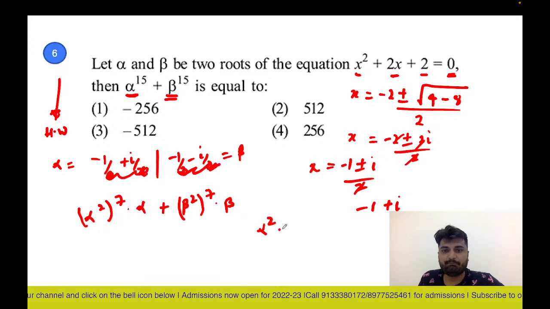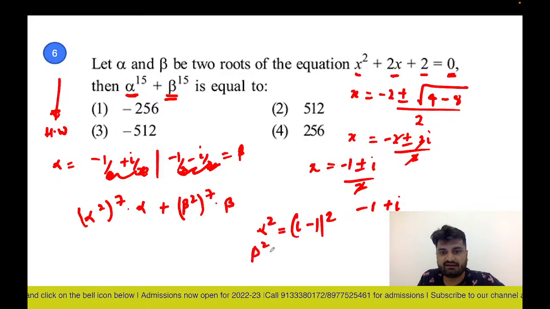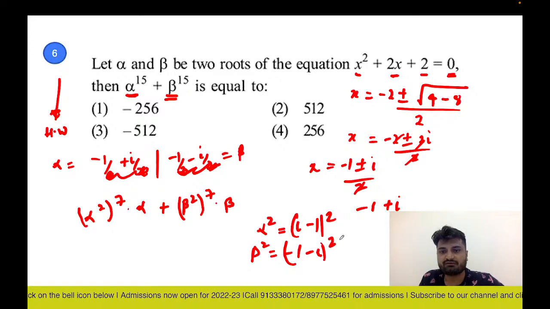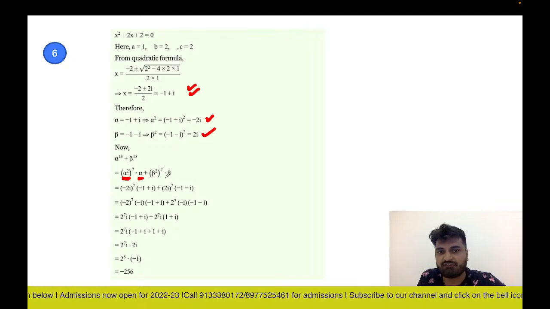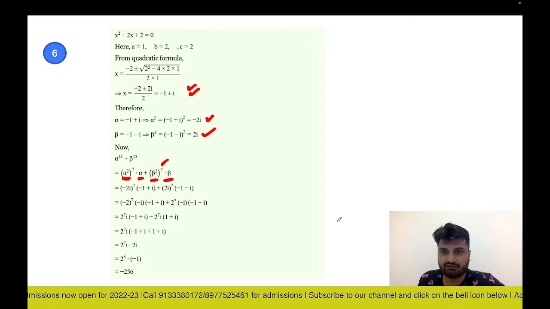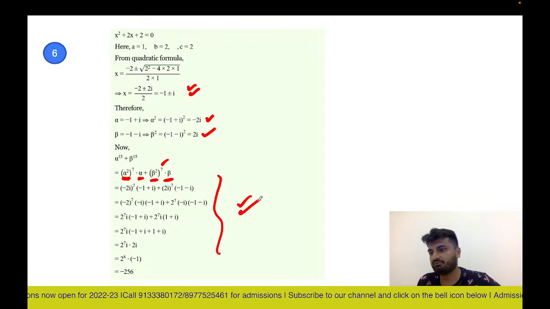If you square it up, you will get minus 1 plus i whole square, and minus 1 minus i whole square. If you square it up, you will observe that it is 2i and minus 2i. So that is why I am taking alpha square whole power 7 into alpha, and beta square whole power 7 into beta. In this way, if you do it, it will become very easy and you will get the answer.